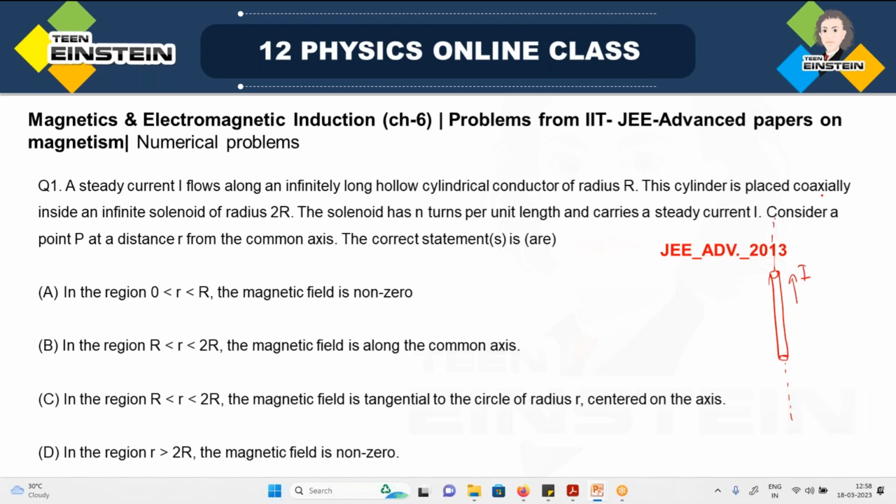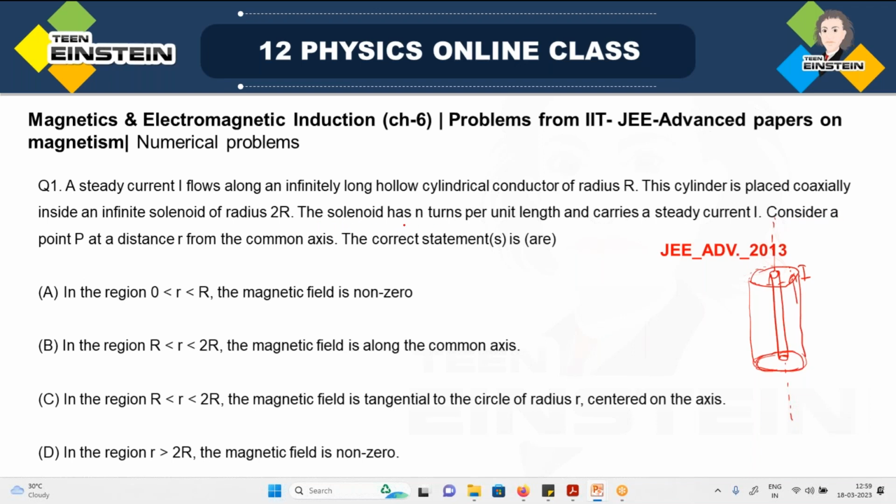This cylinder is placed coaxially inside an infinite solenoid of radius 2r. So I have another solenoid of radius double of this, 2r. This is also infinitely long.